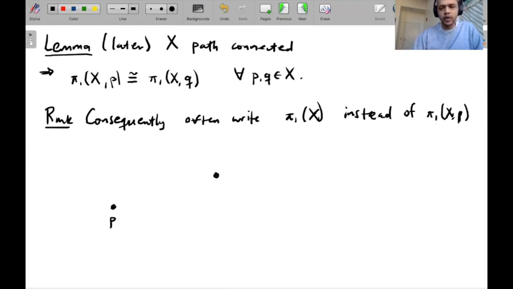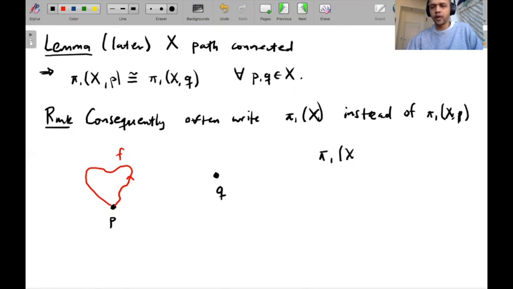We have two points, P and Q. You can consider loops based at P, and say F is a loop based at P. The content of the lemma is that loops based at P are the same as loops based at Q. So to prove this, one wants a group homomorphism from the fundamental group based at P to the fundamental group based at Q, that's an isomorphism.